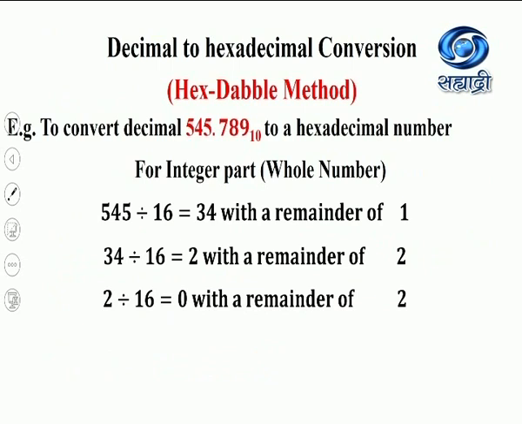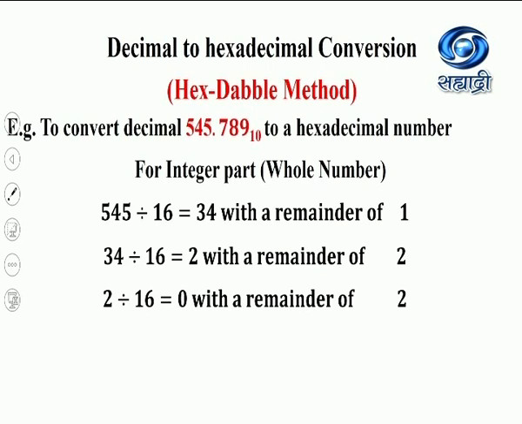So let us solve one example: convert decimal 545.789 to a hexadecimal number. Let us start with the integer part. In this method, we first divide the given integer part by 16, and every time we note down the quotients with the remainders.